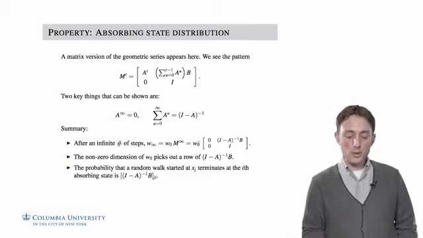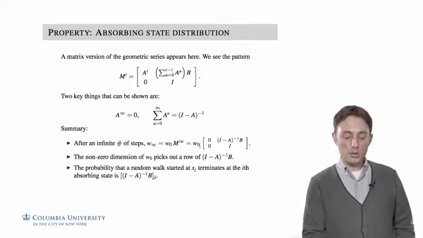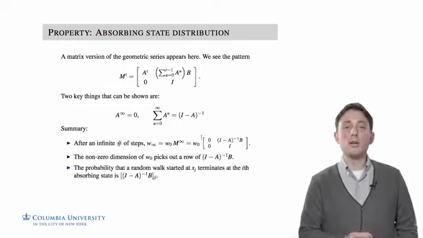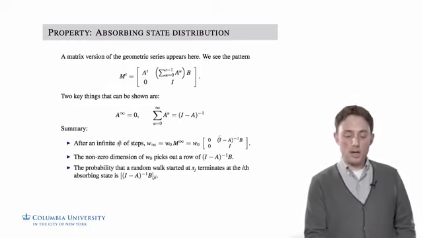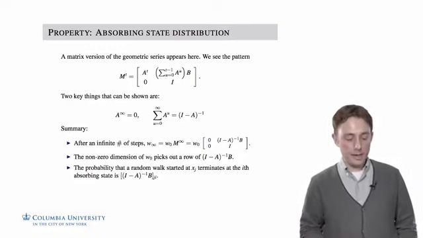What this vector is really doing is simply picking out a row of this matrix, because I'm never going to start at a terminal, at an absorbing state. I'm going to start at one of the s minus k non-absorbing states. And so I'm literally just picking out a row of this matrix, the probability of which of the absorbing states I terminate at.